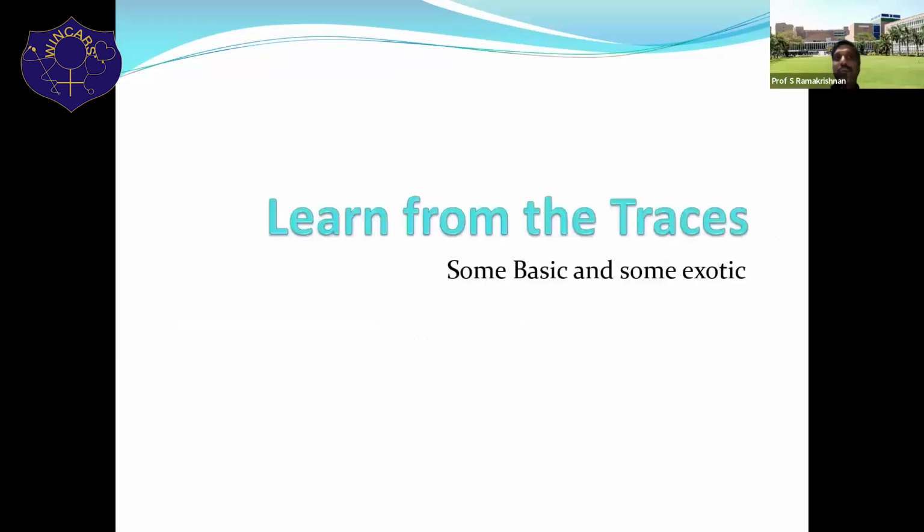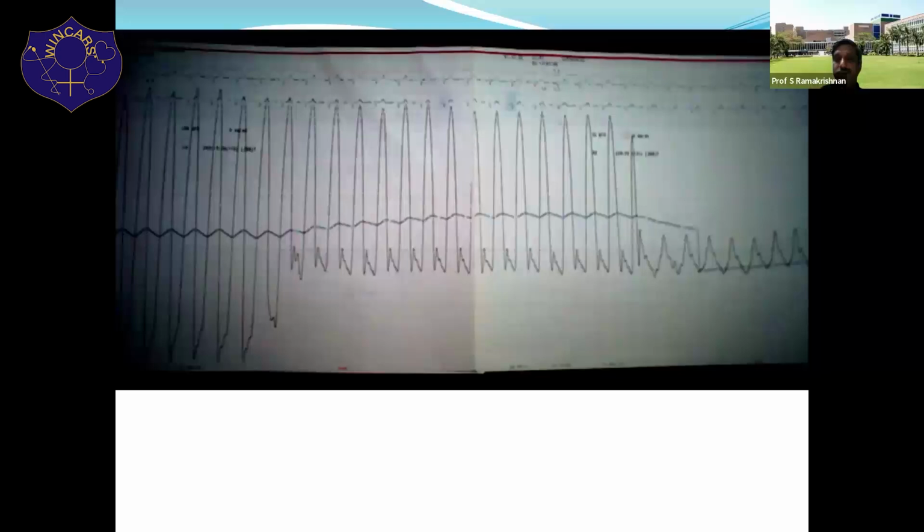Moving further, we now go to some basic traces, some exotic and some basic. Most of these are shown in the exams for you to identify. So what is this?